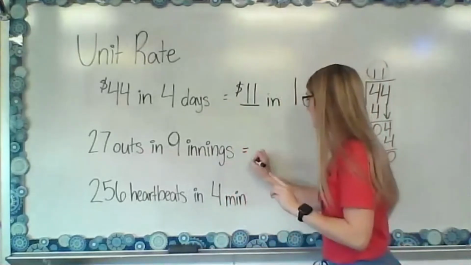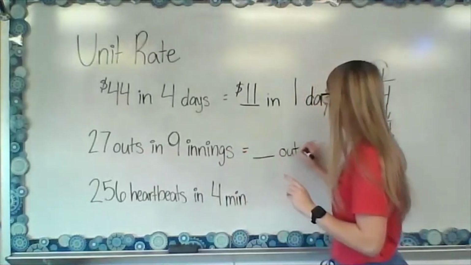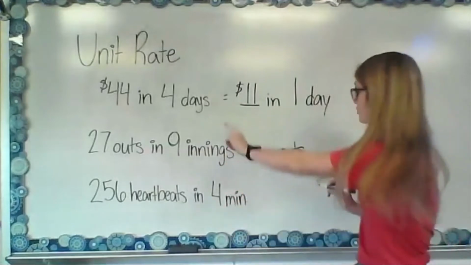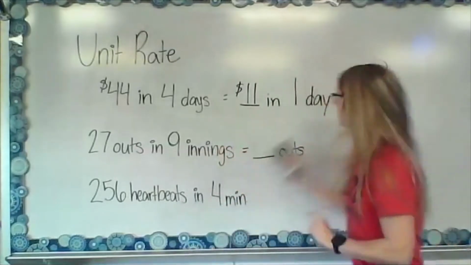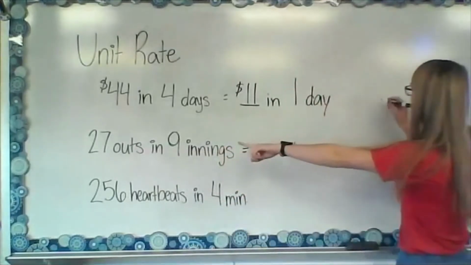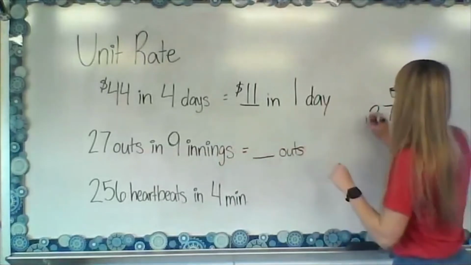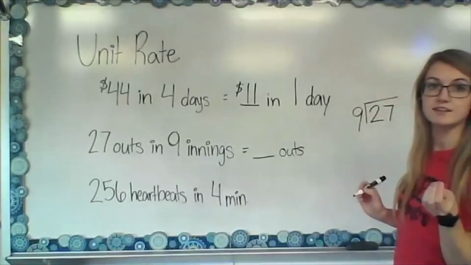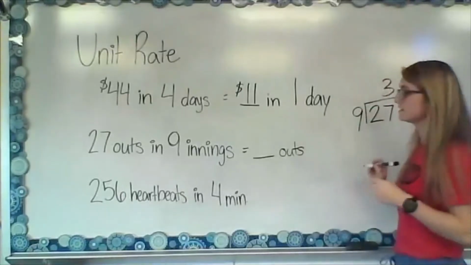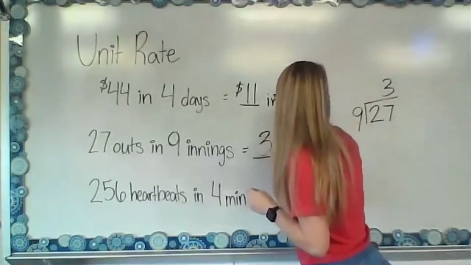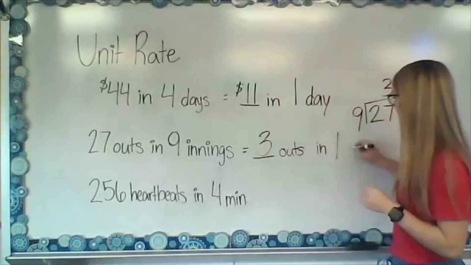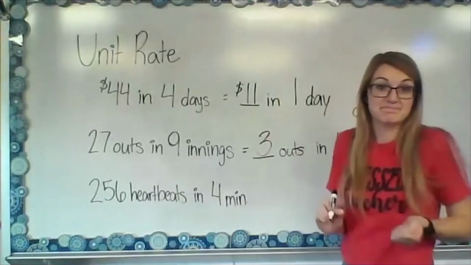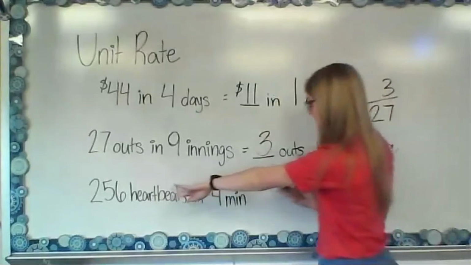Again, this is a division problem, so we're going to take 27 divided by 9. And how many times does 9 go into 27? That's easy, 3 times, right? So there are going to be 3 outs in 1 inning. Not too bad, right? Let's look at my last one.